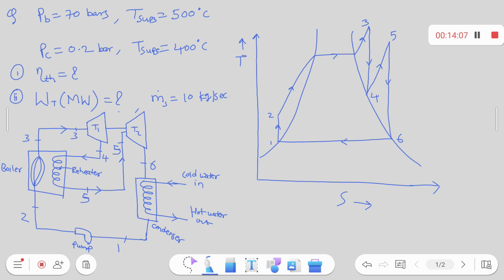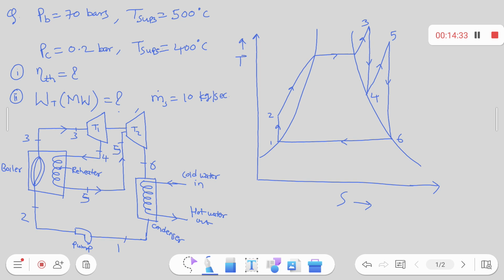F stands for? HG is what? HFG is what? HF is saturated liquid. HG means saturated vapor. HFG means liquid plus vapor, right? So enthalpy at point 1 is what? HF1, which is equal to H1.